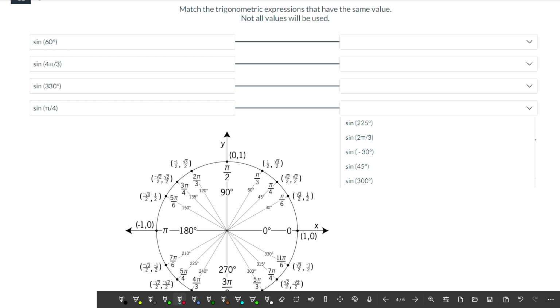Sine of 60 degrees. So at sine of 60 degrees, you're here. I'll highlight it. Now, remember sine is your y-coordinate. It's square root of 3 over 2. To match this up to one of the answer choices, let me highlight 2 pi over 3.